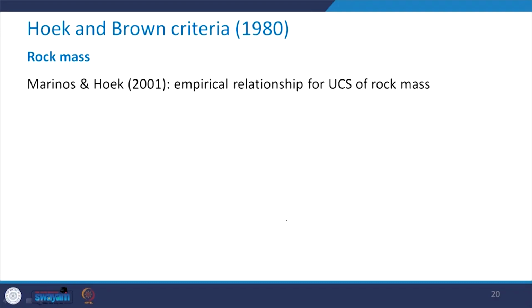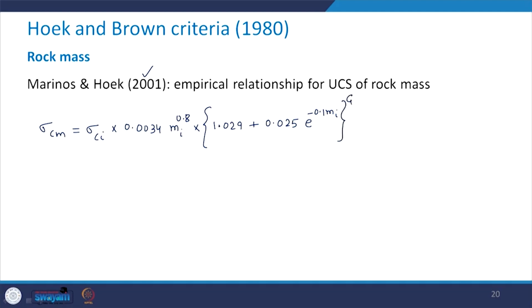Marinos and Hoek in 2001 gave an empirical relationship for the UCS of rock mass, and that is given as sigma Cm equal to sigma Ci multiplied by 0.0034 mi to the power 0.8, this whole thing multiplied by 1.029 plus 0.025 e to the power minus 0.1 mi, and this whole thing to the power GSI.